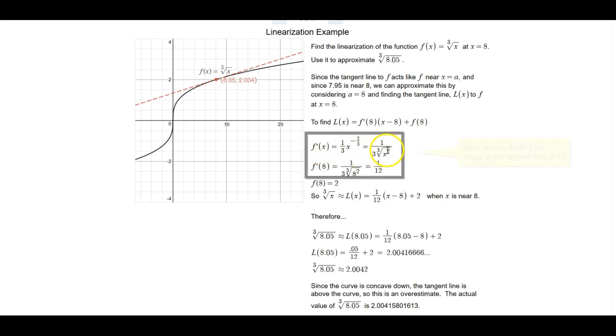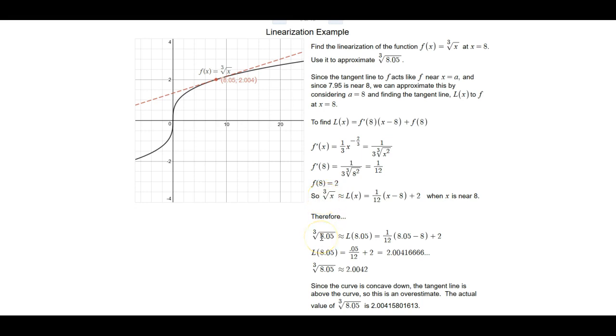Finding the derivative and evaluating it at 8, I get 1/12. f of 8 is 2. So that means that when x is near 8, this line equation is very close to the output from the original function cube root of x.